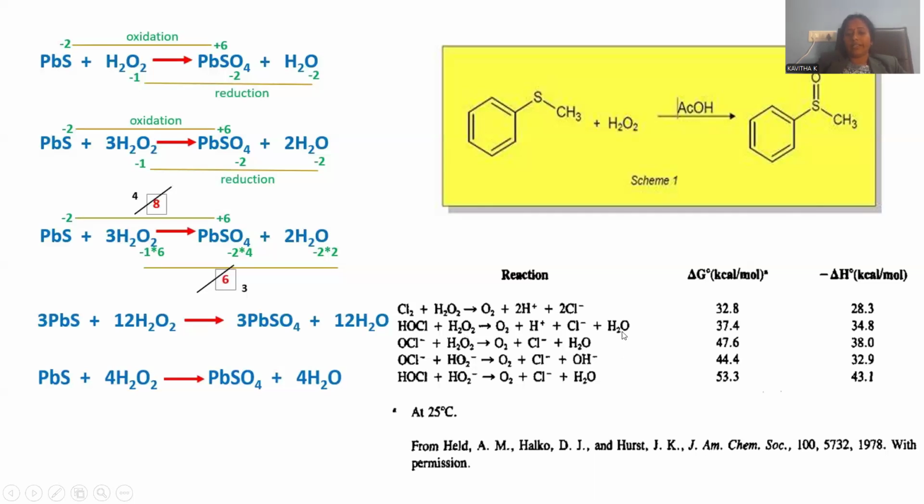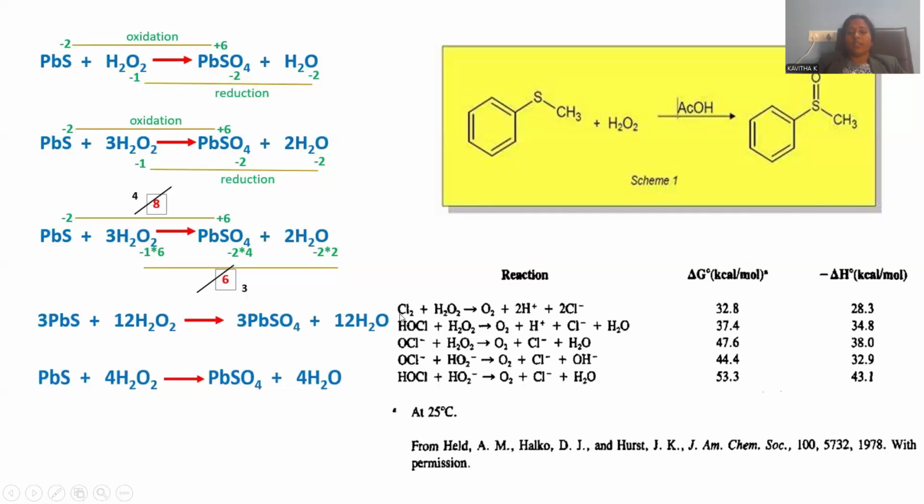This HOCl can be represented in the ionic form as well. OCl minus is nothing but the hypochlorite anion, which can be treated with hydrogen peroxide, giving rise to oxygen and chloride, and in either case a water molecule is originated. These are the reactions pertaining to water and hydrogen peroxide.